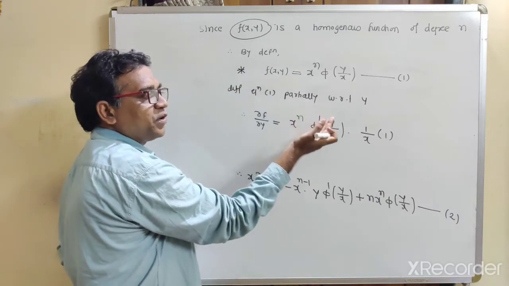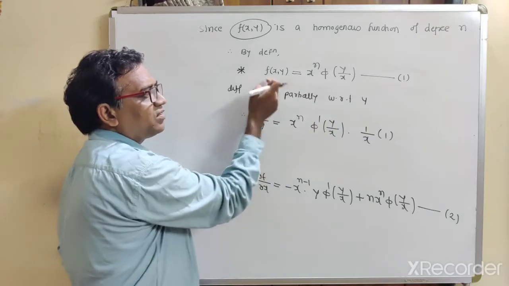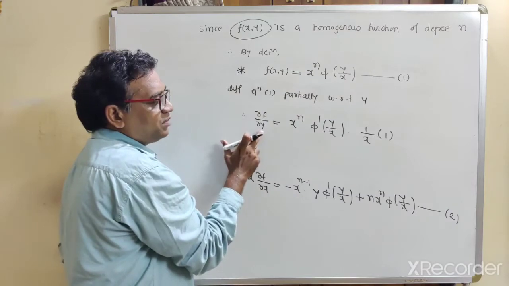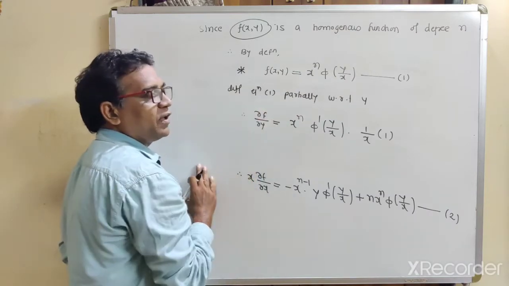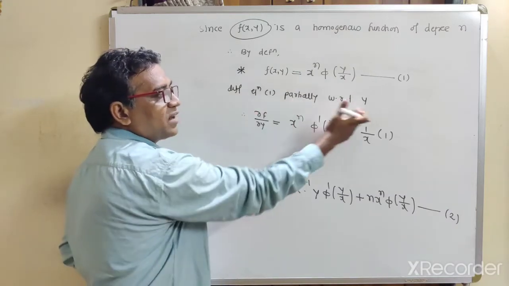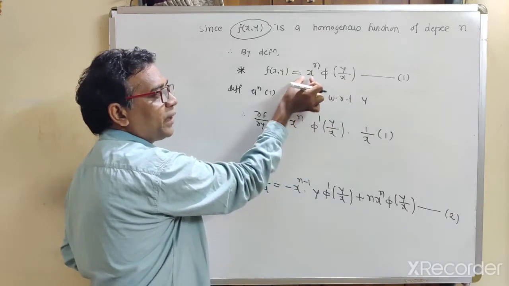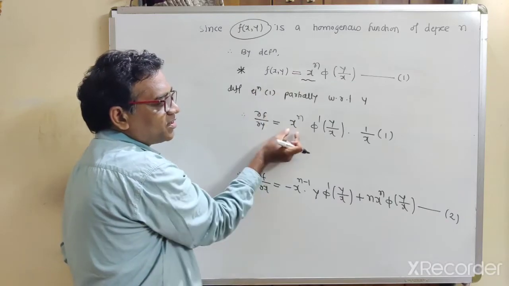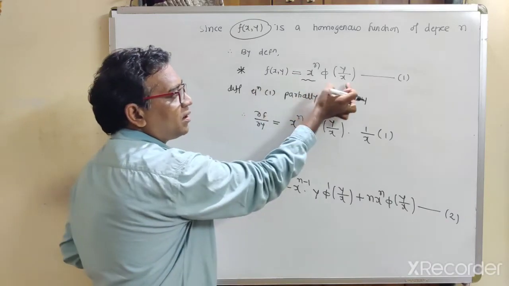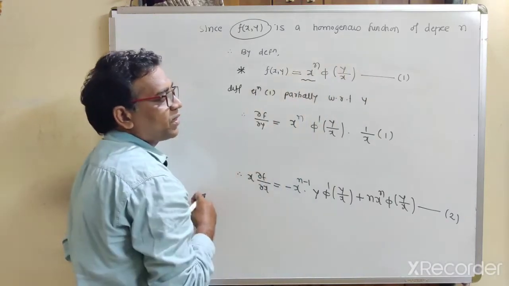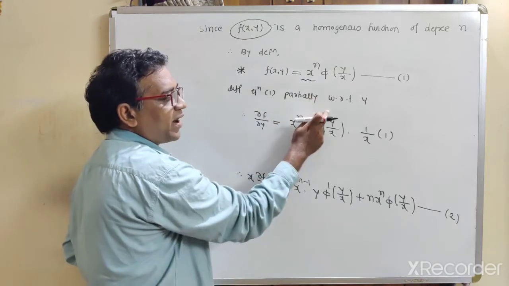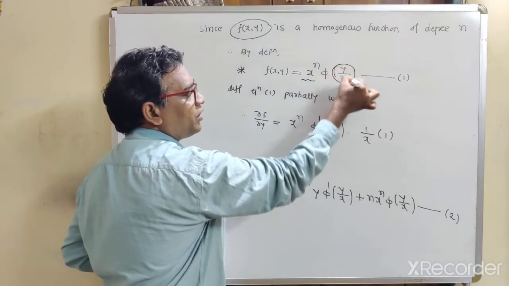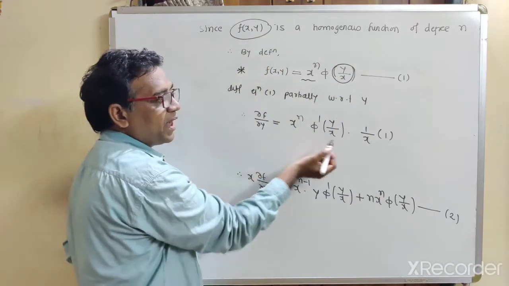So see, what is this derivative? Differentiation partially with respect to y. So this is del f by del y. This is our equation 1. Differentiating this equation 1 partially with respect to y means we get del f by del y. Now we have to keep x as a constant quantity, so this is a constant term. So write down the constant term as it is and write the derivative of the second term. Derivative of phi is phi dash into, according to chain rule, multiply by derivative of this inner function by keeping x constant.